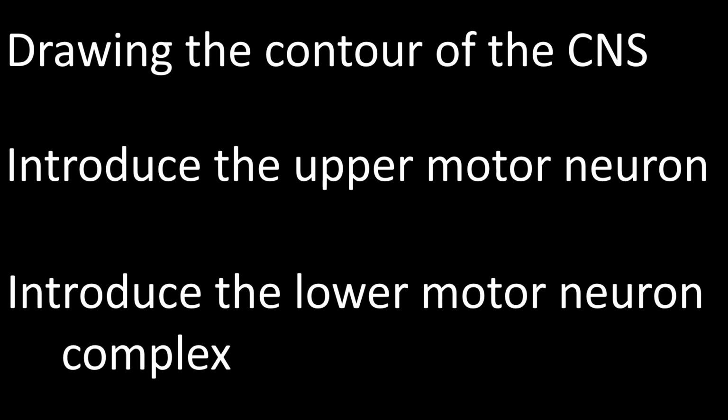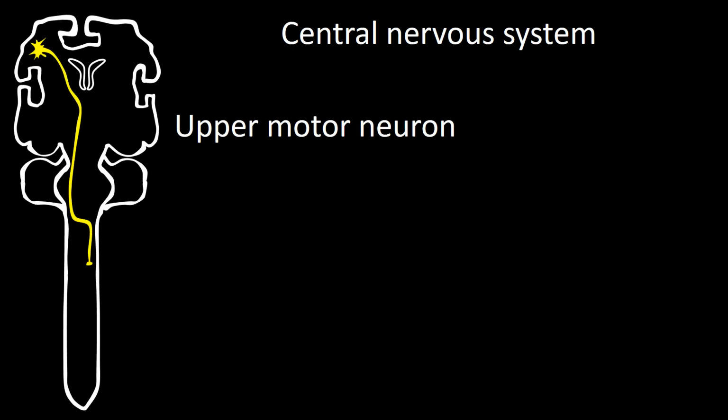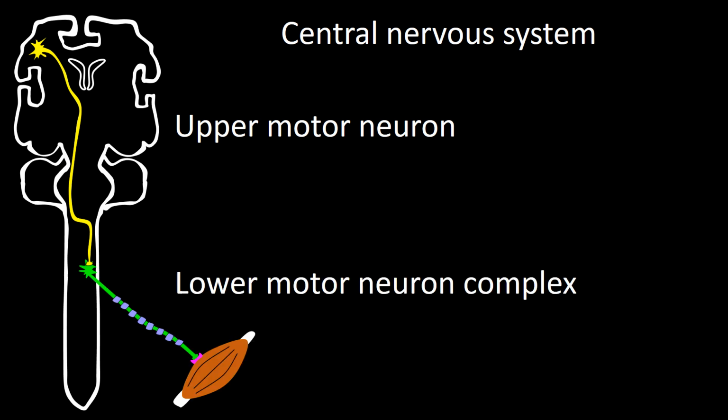Next, I will introduce the lower motor neuron complex. So we go back to the sketch and introduce the lower motor neuron complex, here conveniently represented as the sole source of innervation of a muscle.